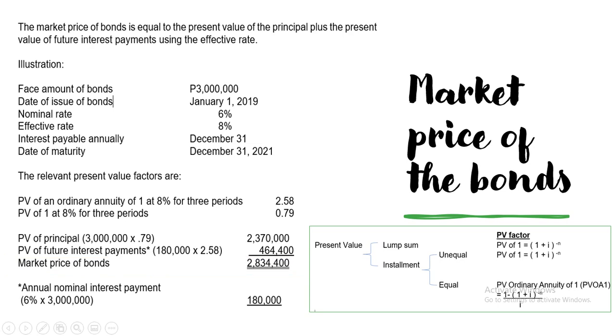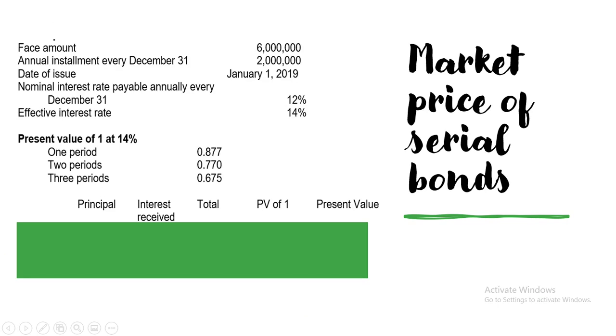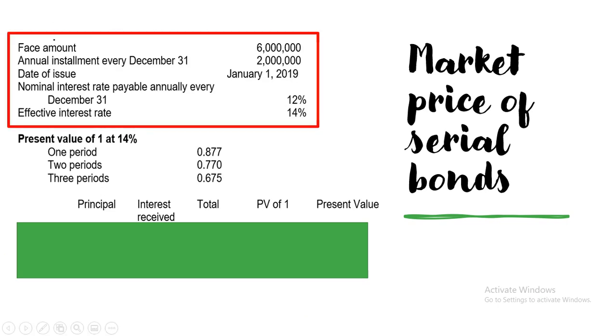Now, for market price of the serial bonds, so in this case, meron siyang annual installment. So, face amount is 6 million, annual installment is 2 million, date of issue January 1, 2019, nominal interest rate payable annually every December 31 is 12%, an effective interest rate of 14%. So, the present value factors are present value of 1 only, no, at 14%.